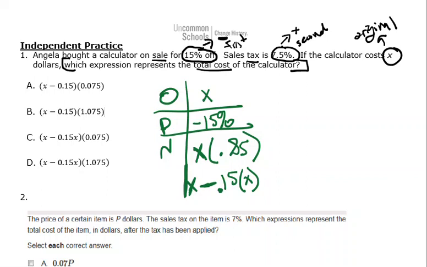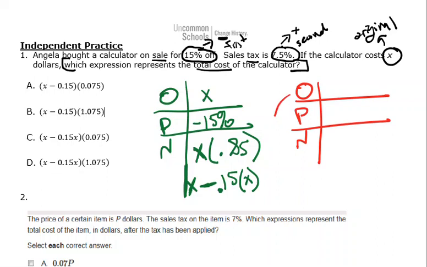So now I have my OPN chart for my tax, all right? And so here, my new original is the new from here. So it's either X times 0.85 or X minus 0.15 of X, okay?